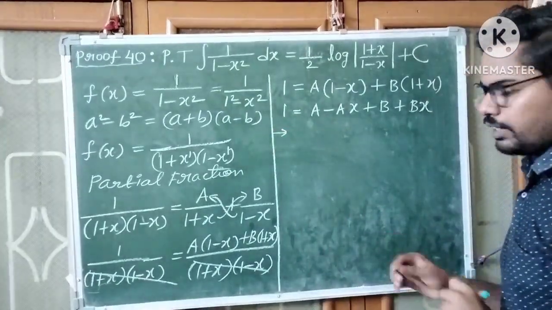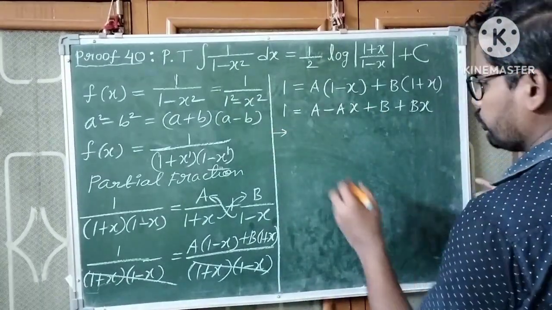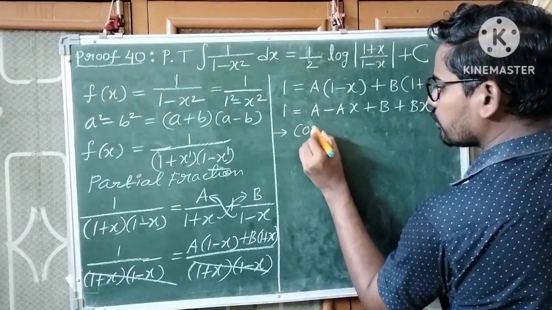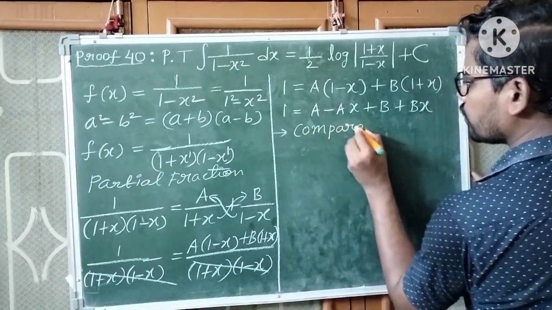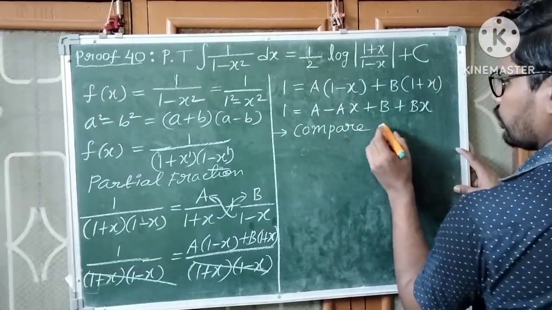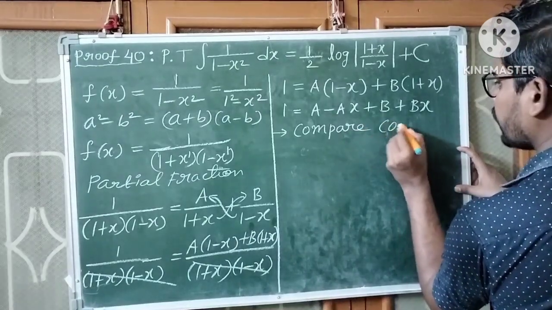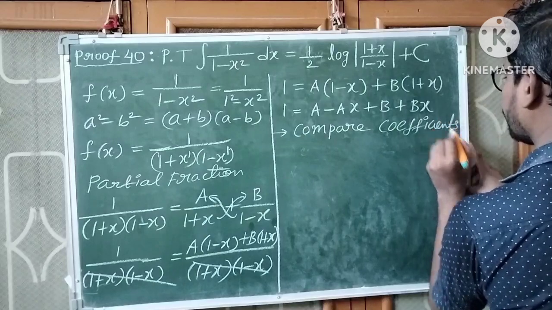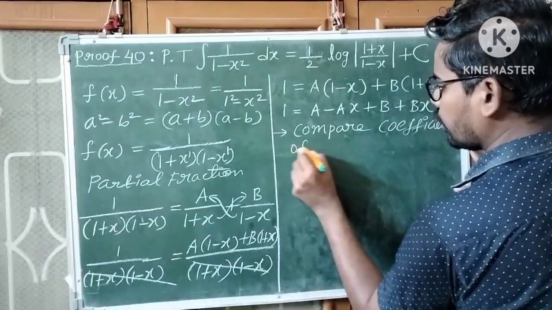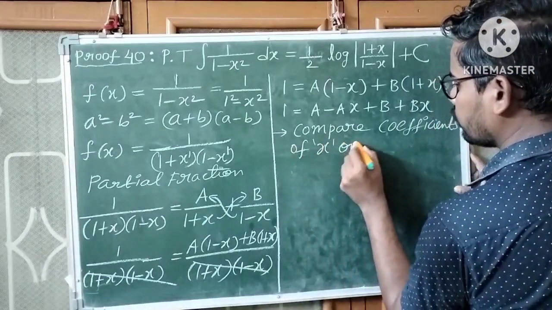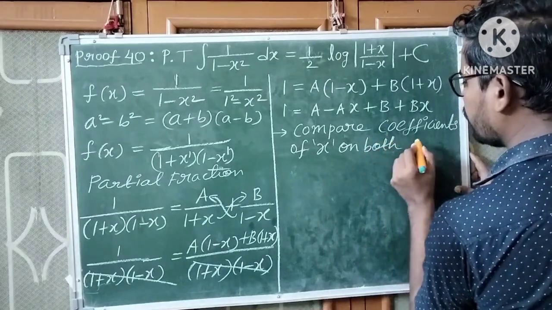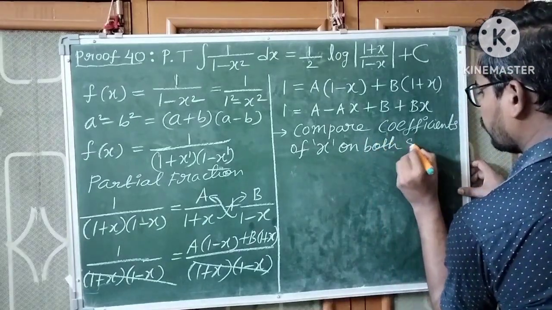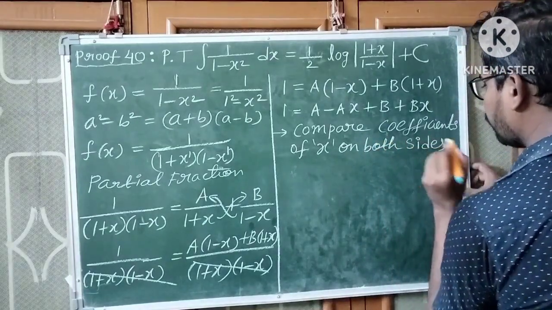To find a and b, compare coefficients of x on both sides.